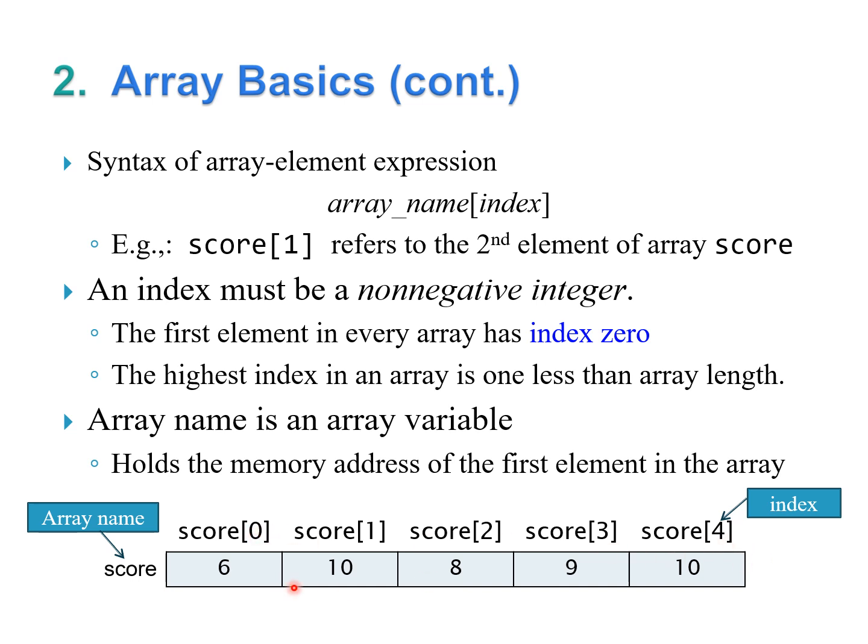The array name is an array variable, which holds the memory address of the first element in the array. So in this example, score holds the memory address of the indexed variable score[0], but the indexed variable score[0] can hold any value of its type, that is, an integer value such as 6.